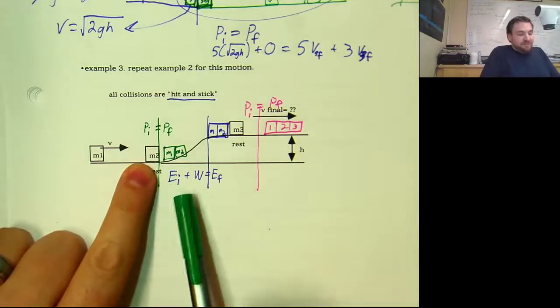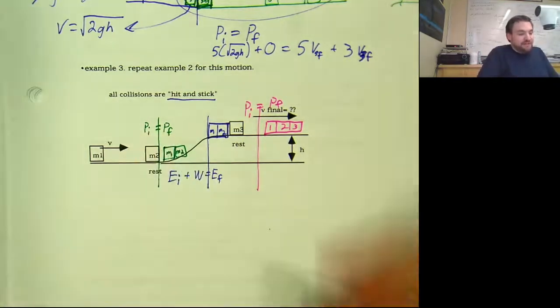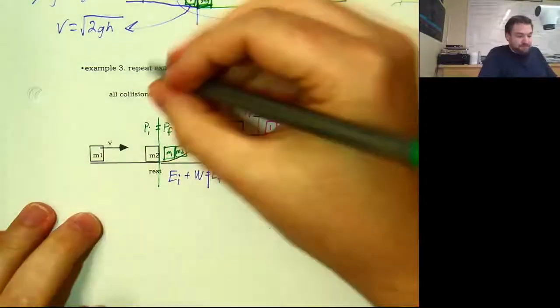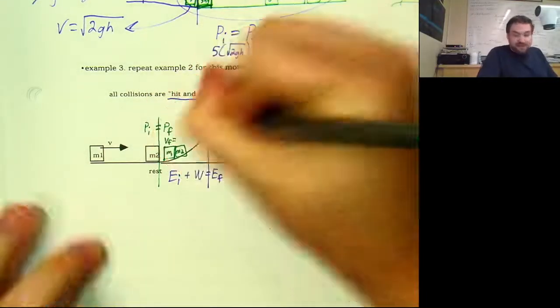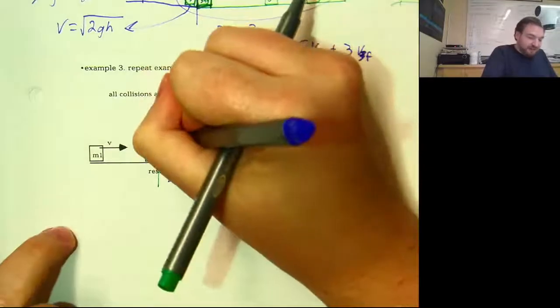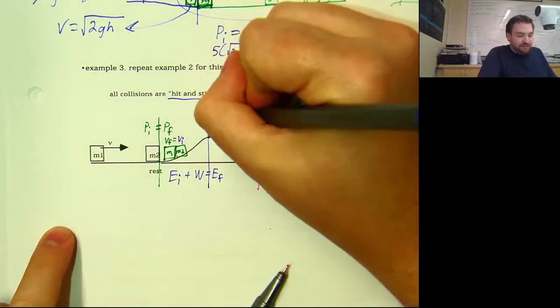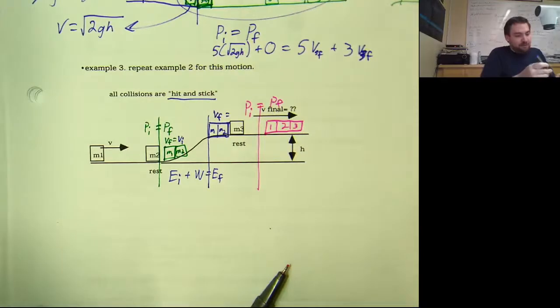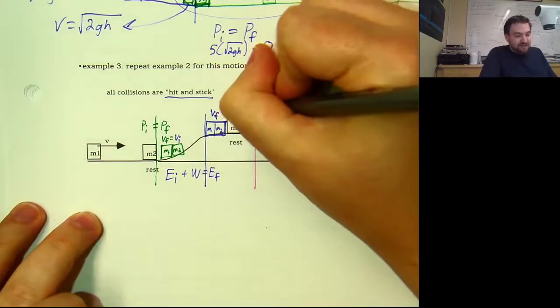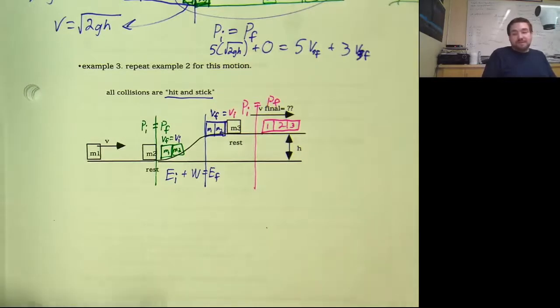The final velocity here in momentum is going to equal the initial velocity for your energy portion. The final velocity here is going to become your initial velocity for momentum.